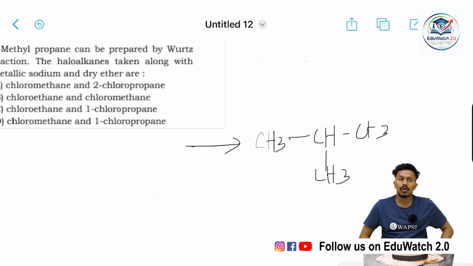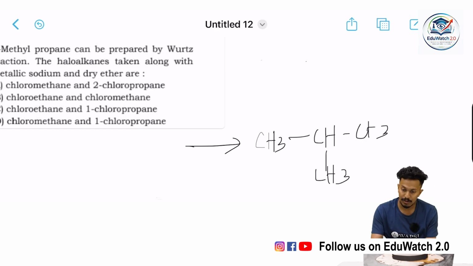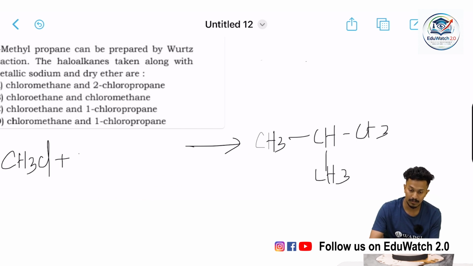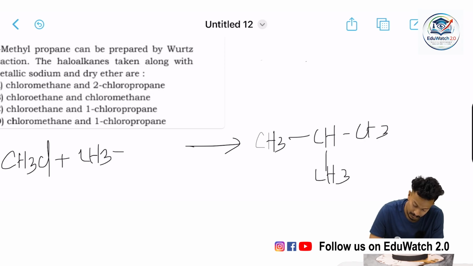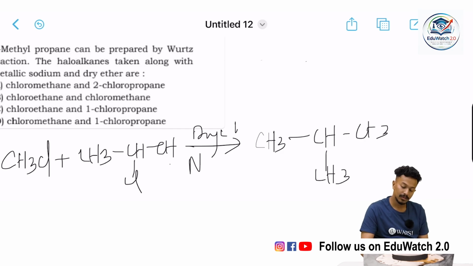When alkyl chloride is treated with sodium along with dry ether, we get alkanes. That is the Wurtz reaction. So we have to determine what to use to prepare it. We could prepare this by treating methyl chloride and 2-chloropropane, along with dry ether and sodium.